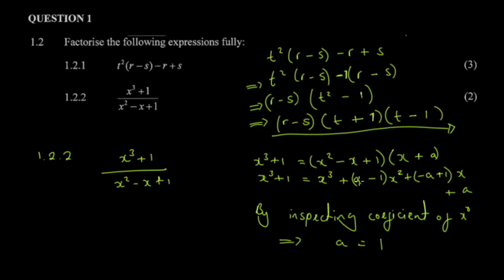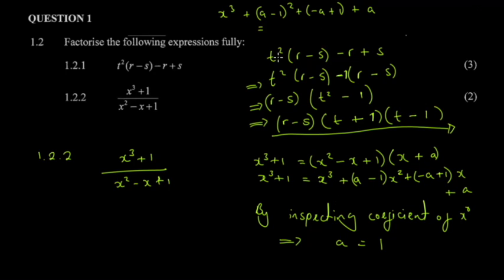When you put 1 here, this x squared factor disappears. Let me show you. So you have x cubed plus a minus 1, then plus negative a plus 1, then plus a like this.